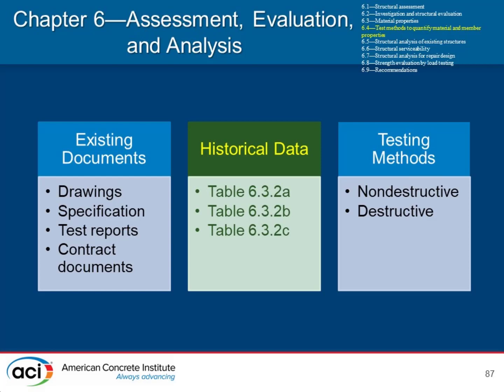These data are intentionally conservative, and so they can be used for a preliminary check, but if the structure is found to be deficient using material properties from these tables, then it would be typical to try to get more accurate material properties and carry out an analysis and an assessment using those revised, probably field measured, material properties. You can get those material properties in the field using destructive or non-destructive methods.